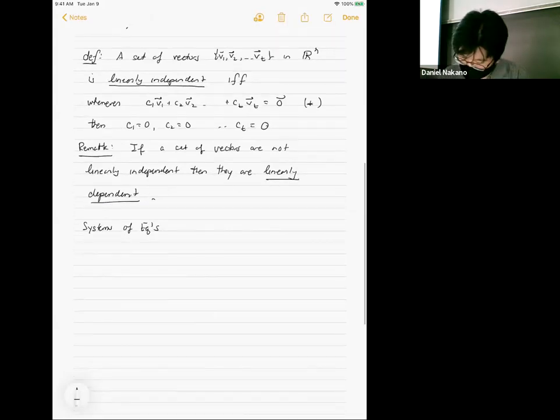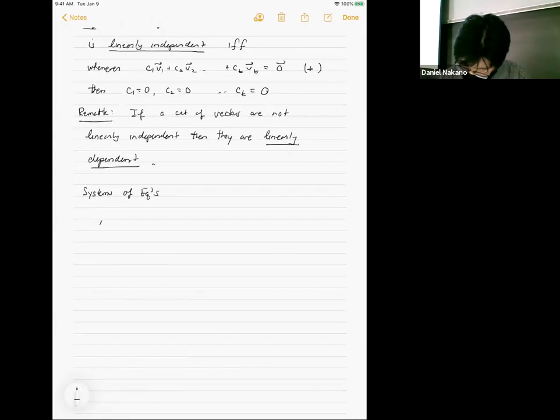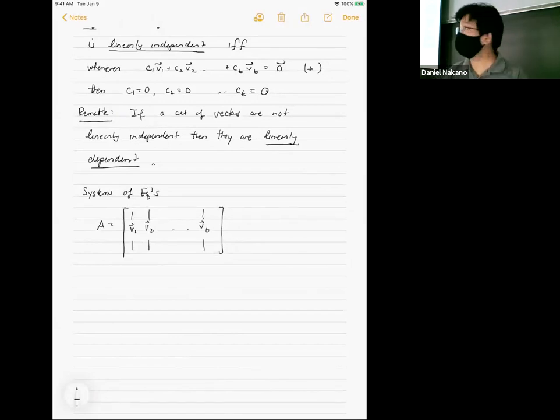What I'm going to do is make my matrix A appear, and I'll put the vectors down the columns. V1 is the vector, and I just put it down the column. V2, I put down the column. Vt, I put down the column. And my vector C will just be the coefficients C1, C2, up to Ct.